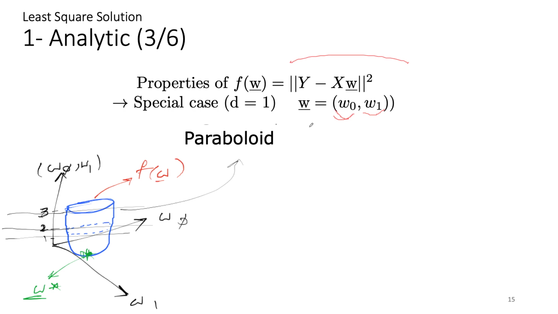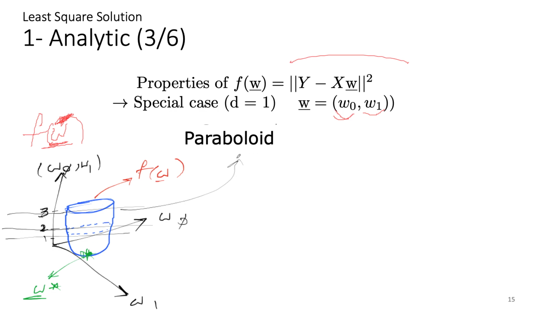If we visualize this, we're going to end up with three axes: one for W1, one for W0, and one for that f function, right? That's your W star. So now in 3D, you're going to have a shape, sort of a cylinder, but it's not quite like a cylinder.